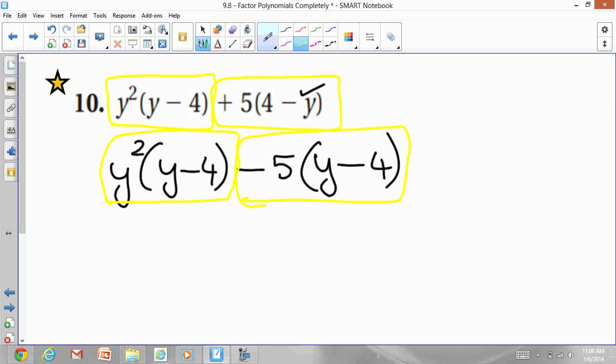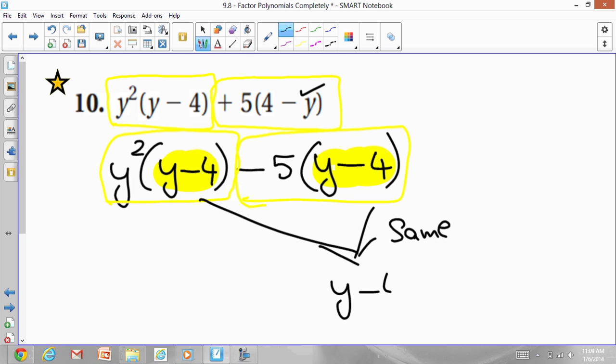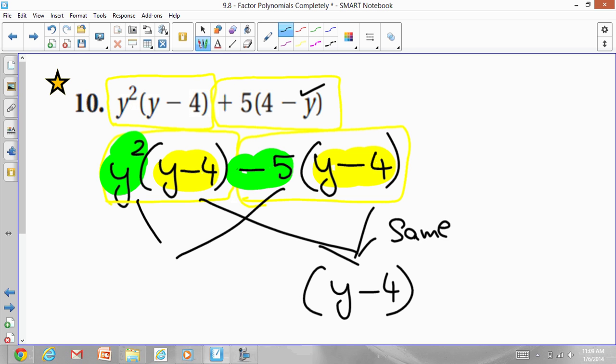If you have highlighters, color pencils, or crayons, pause the video and grab them first. They both look the same, so anything that looks the same, I'm going to pull out. The remaining parts look different, so I'm going to open and close a parenthesis and dump them inside.